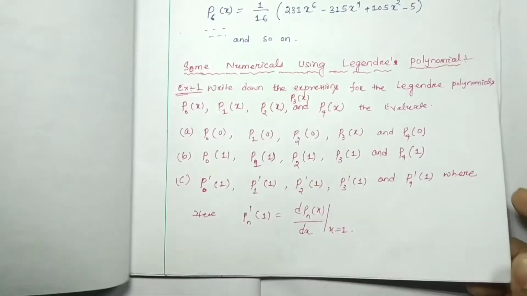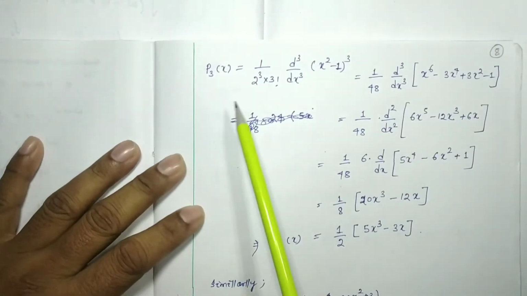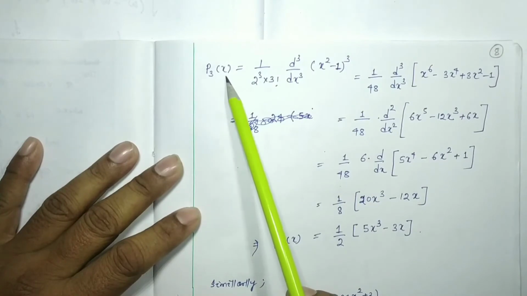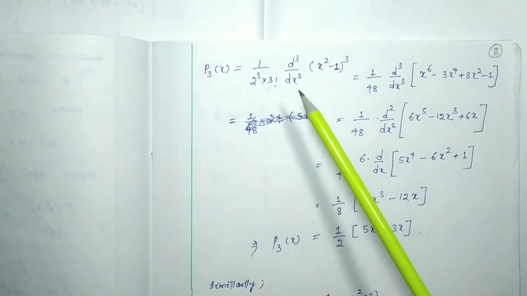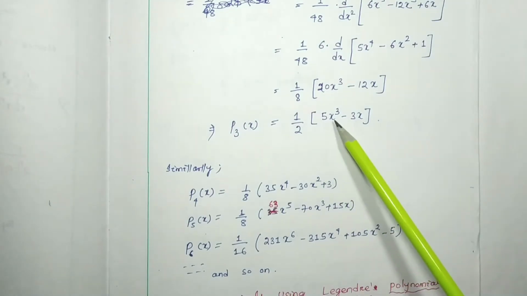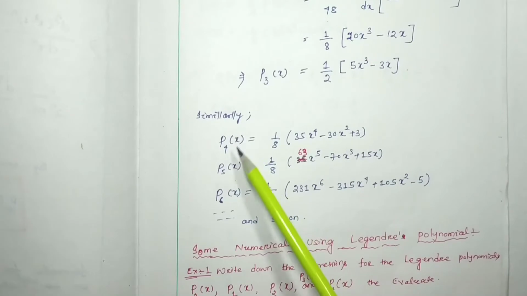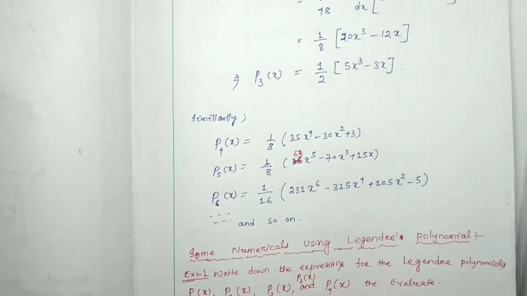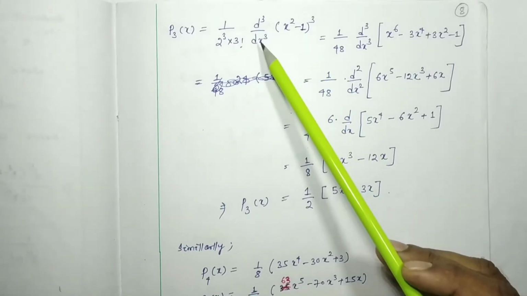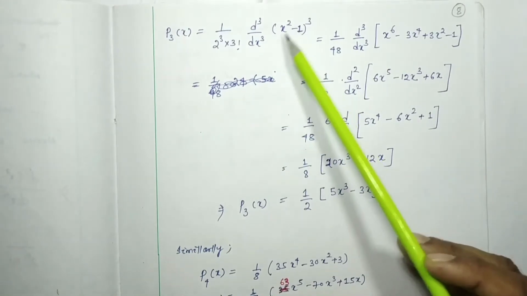And then we obtained the P3(x). I told you that you have to do P3(x) by yourself. Similarly, we can find that it is 1 by 2 (5x cube minus 3x). Here you have to take the third derivative of (x square minus 1) to the power 3.